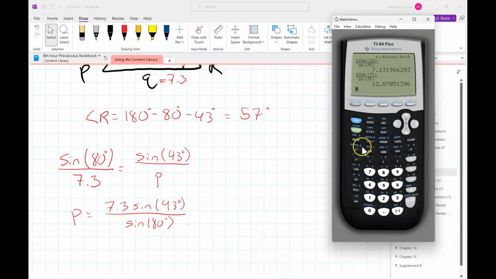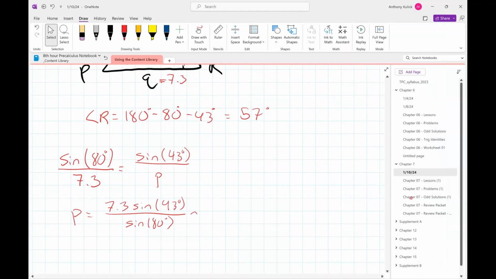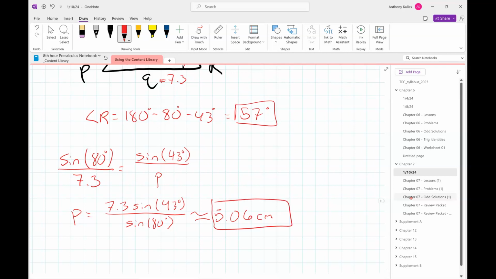I know I did. I'll go and type this into my calculator now. 7.3 sine 43 divided by sine 80. I get 5.06. So far, so good.